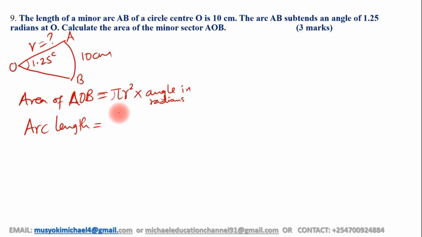So arc length is given by 2 pi r times angle in radian.